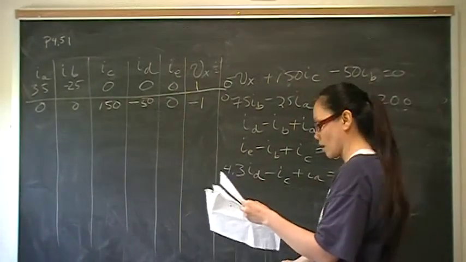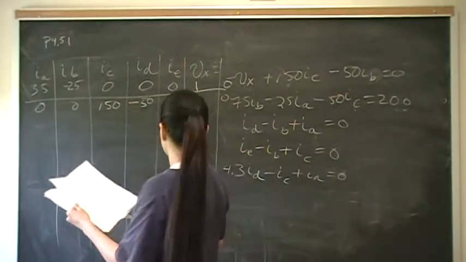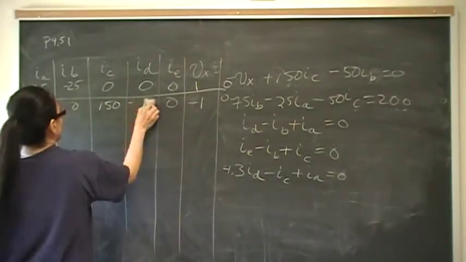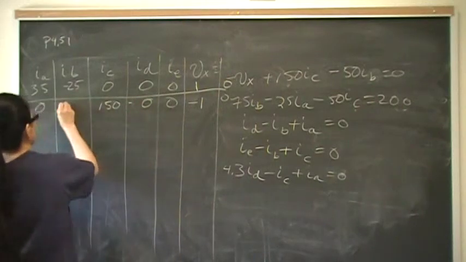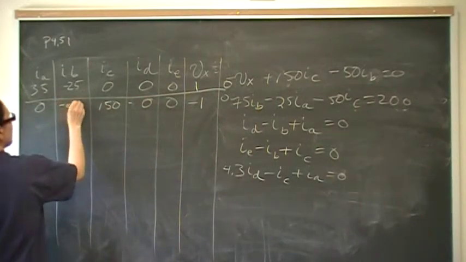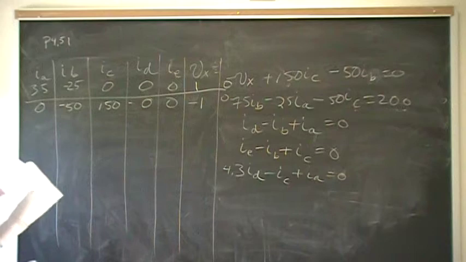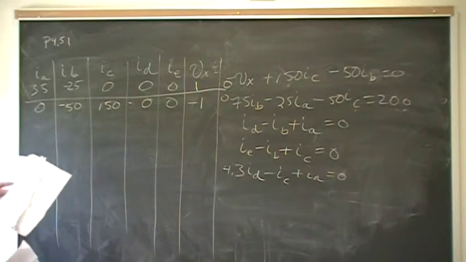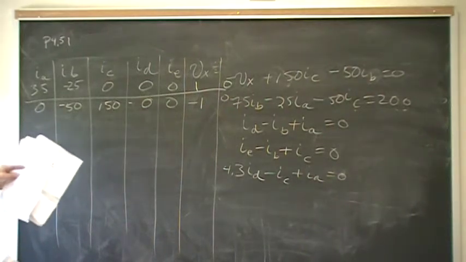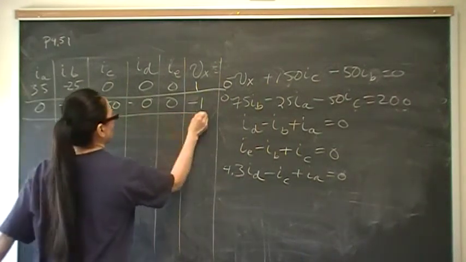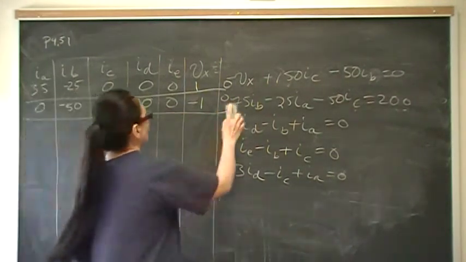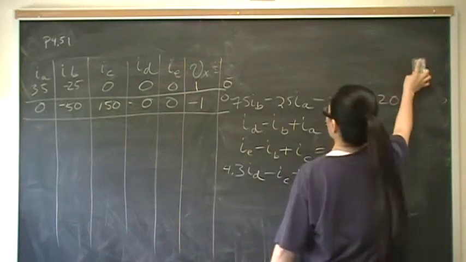Okay. Alright, so then this is really a 0. So 0 for ID and negative 50 for IB. And now I double check that. Negative 50, 150, 0, 0, negative 1, and 0. So that checks out in my worked out problem.